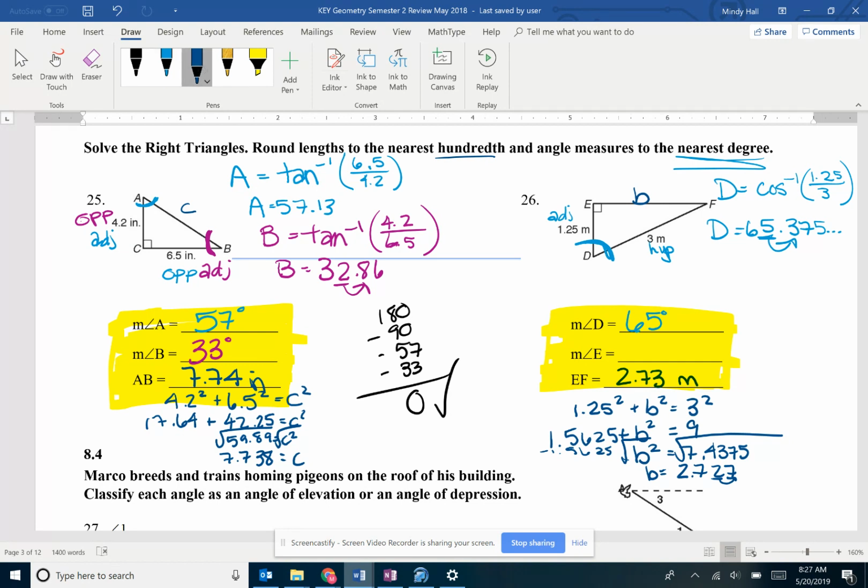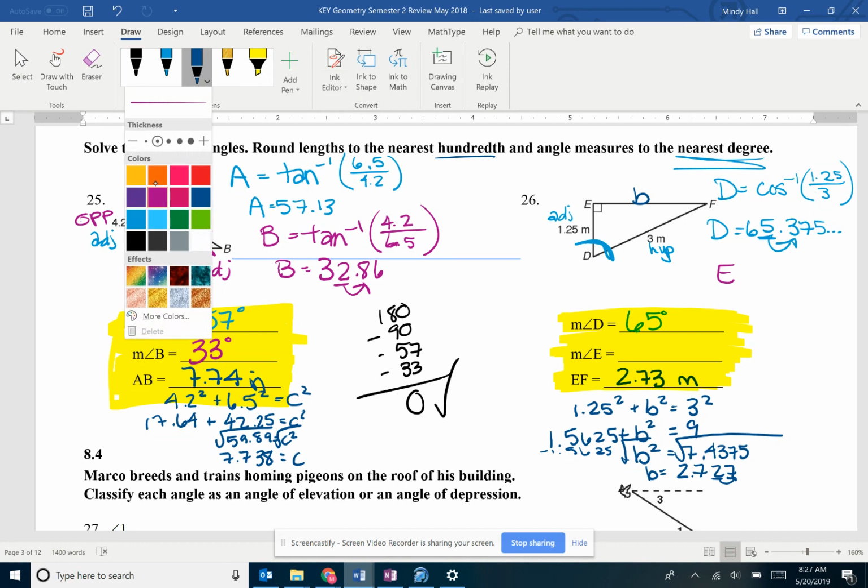And then for E, this is the one that we were supposed to change. So technically E we know is 90 degrees, because E is the 90 degree, we already know that one. Technically, that's supposed to say angle F, but it doesn't.